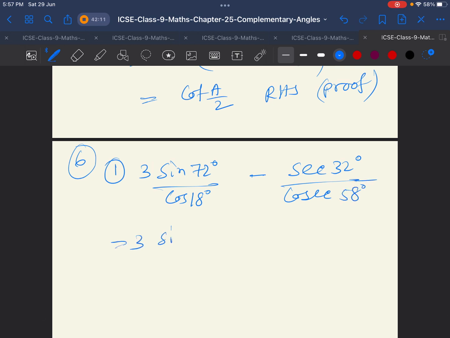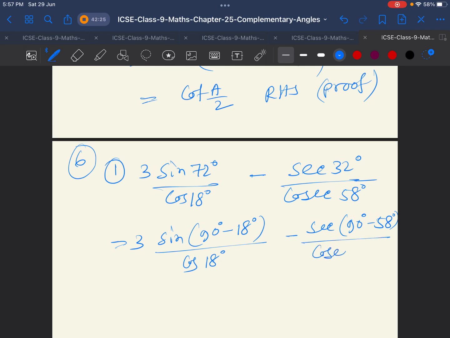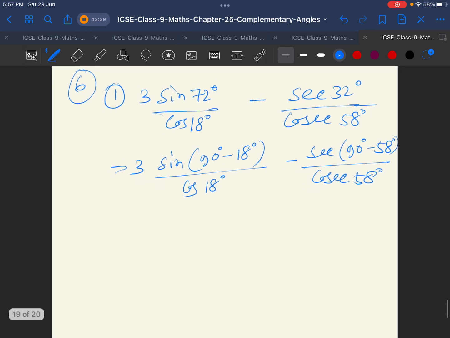Okay, so we can write 3 into sine of (90 minus 18) by cos of 18 degree minus sec of (90 minus 58) degree by cosec of 58 degree.